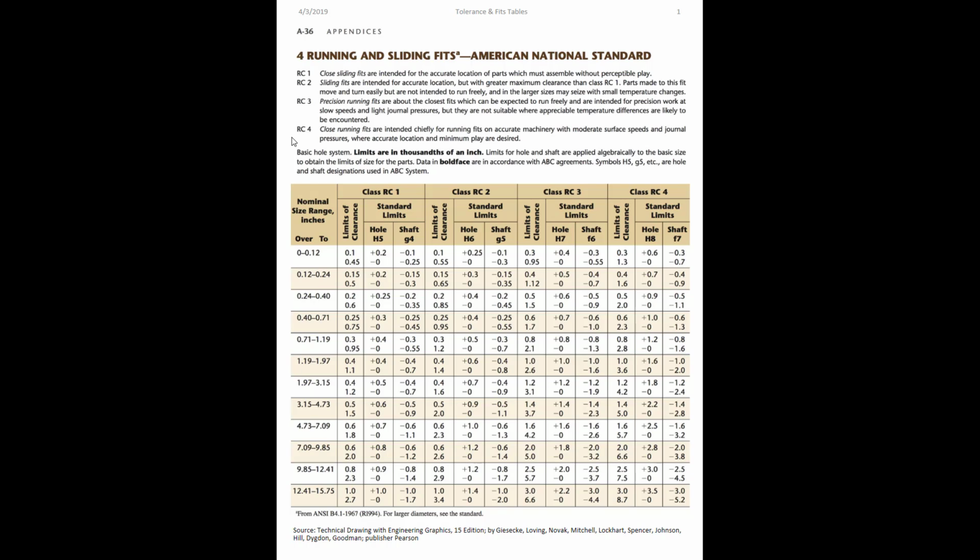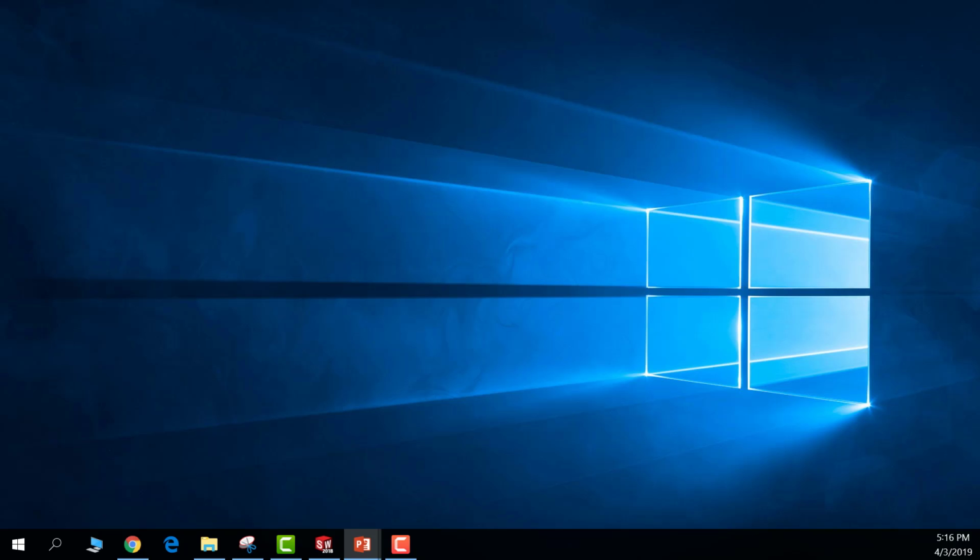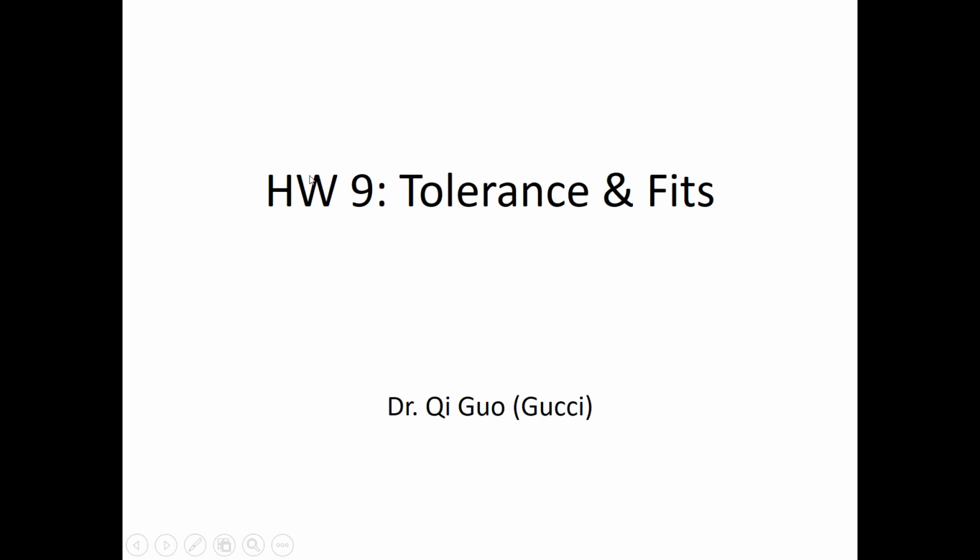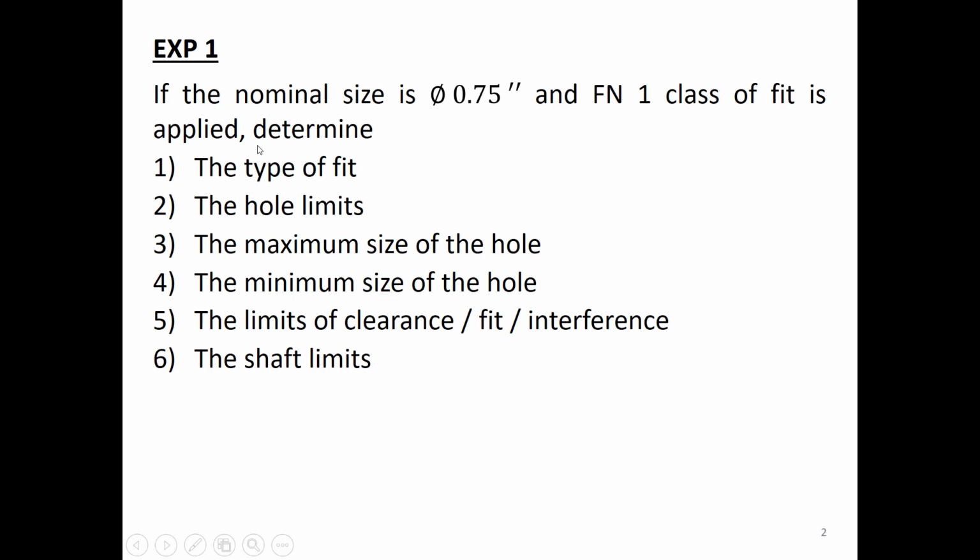Okay, so let's go back to our homework problem. And this is the homework. So first of all, let's talk about the first example. It says the nominal size of the hole diameter is 0.75 inch, and it's in the FN1 class of fit.